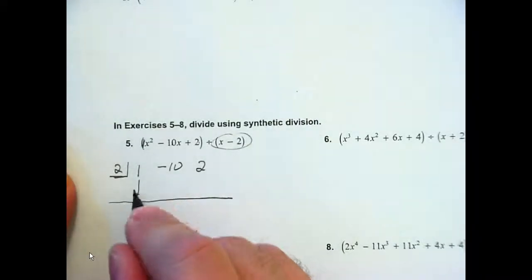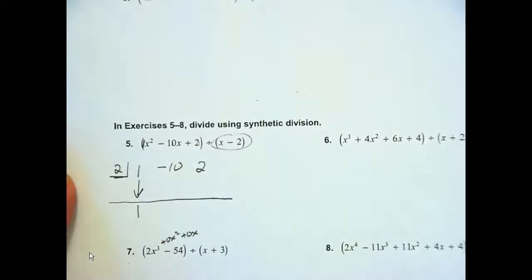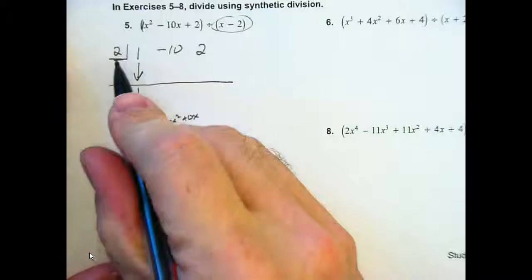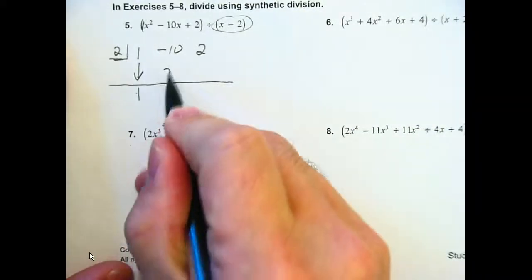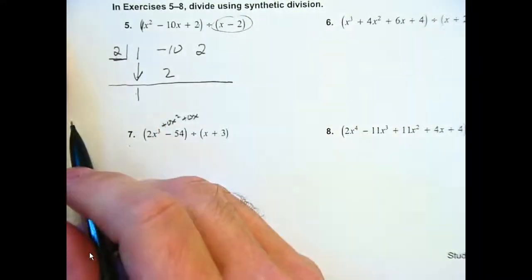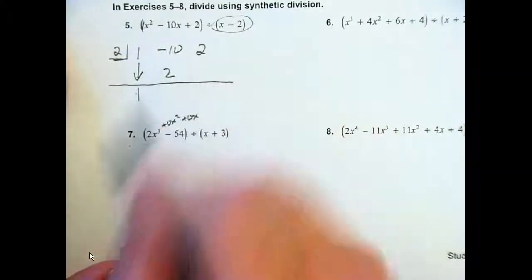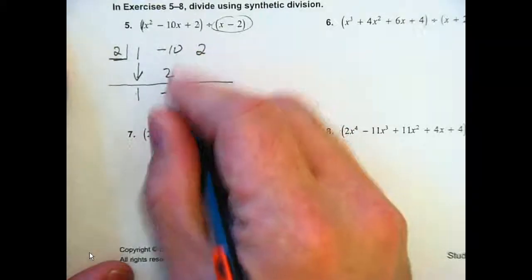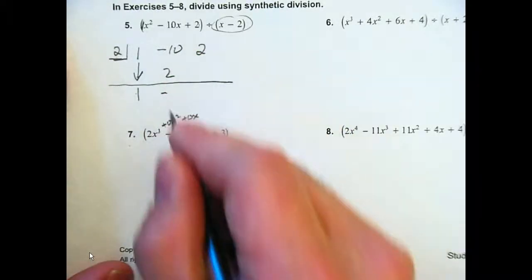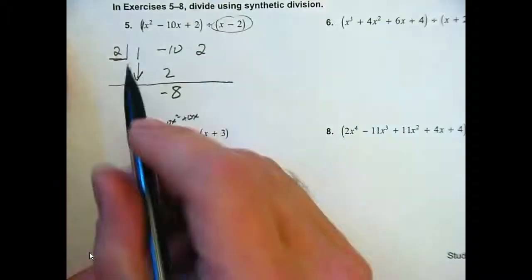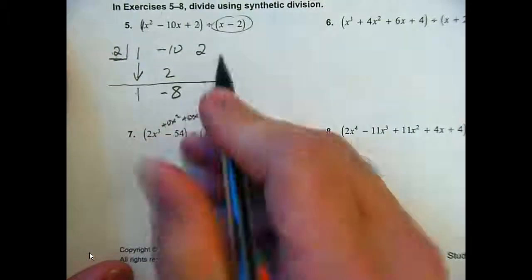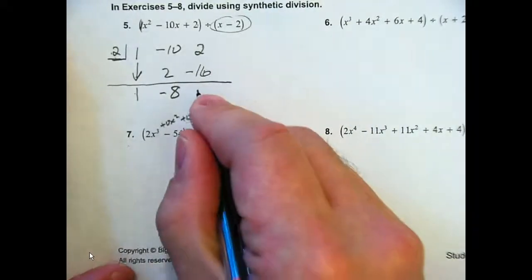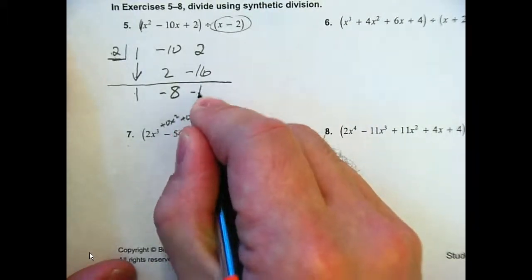Okay, so here we go. Let's start it out. Bring down the 1. What's 2 times 1? 2. Put the 2 there. What's negative 10 and 2? Negative 8. 2 times negative 8 is negative 16. 2 plus negative 16? Negative 14.